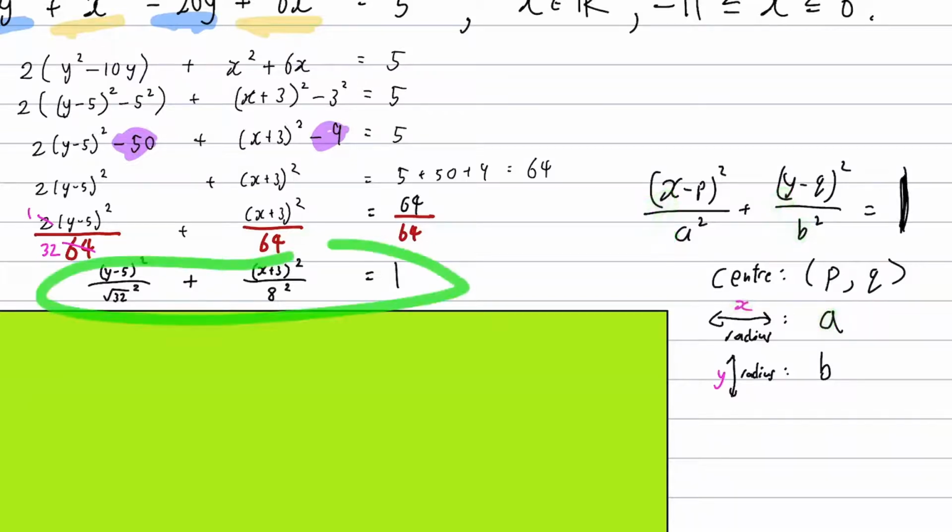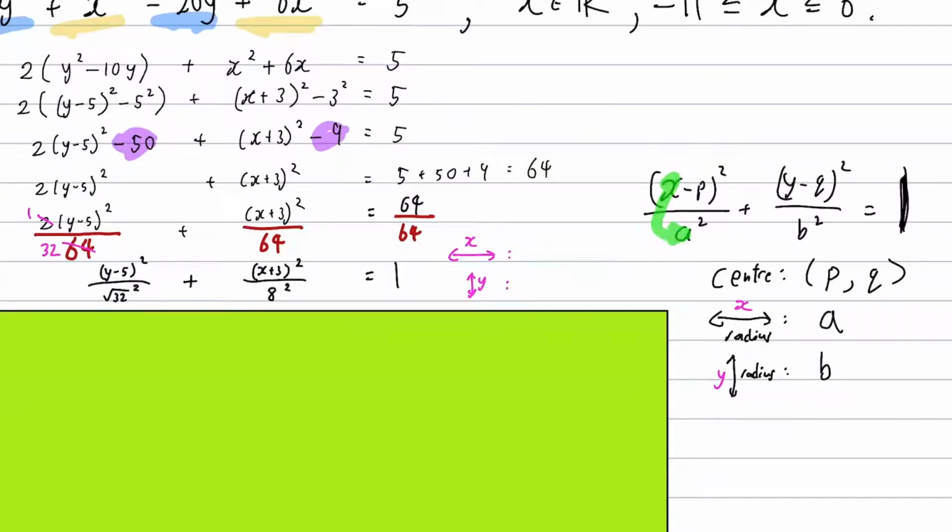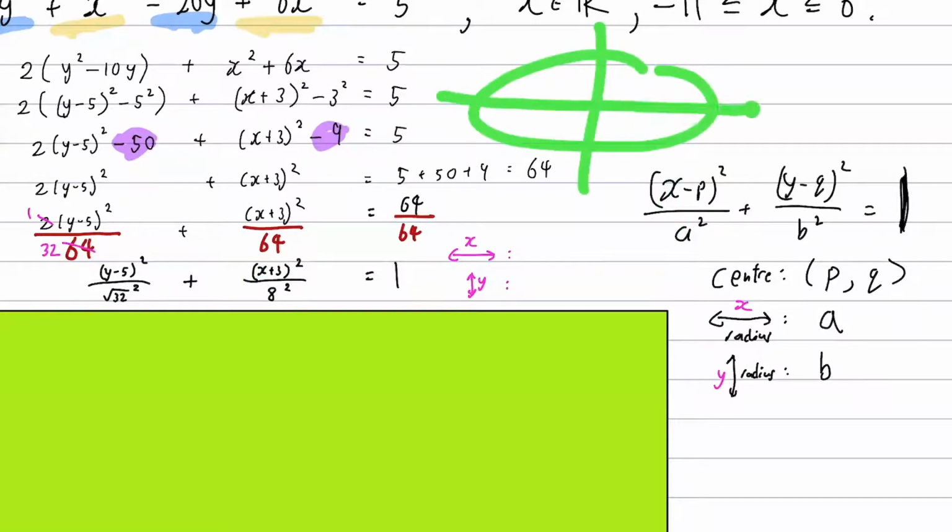So from this example, can you tell me what's my x radius and what's my y radius? What's my x radius? My x radius is square root 32. Wrong. When I say x radius, I mean like you have this oval shape.